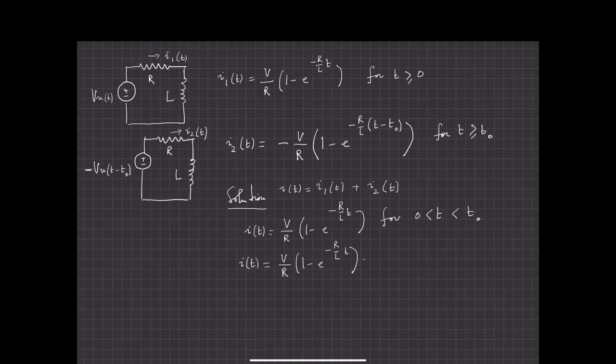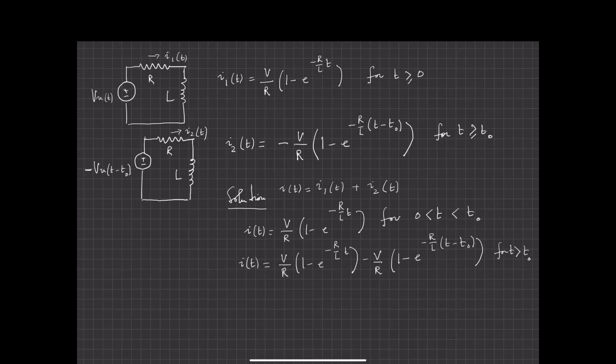So which is minus V over R times 1 minus e to the power of minus R over L, t minus t naught, close parens. This is for t greater than t naught, because for t greater than t naught, both responses are there.